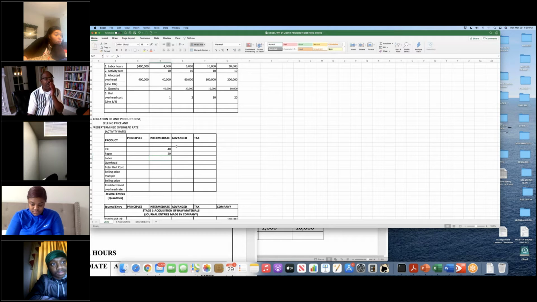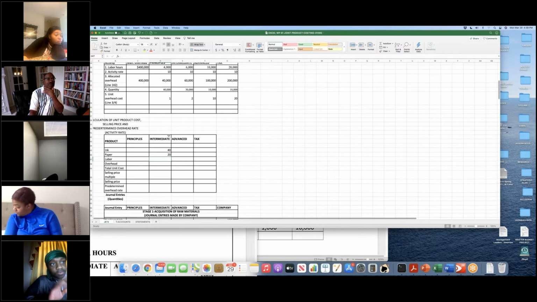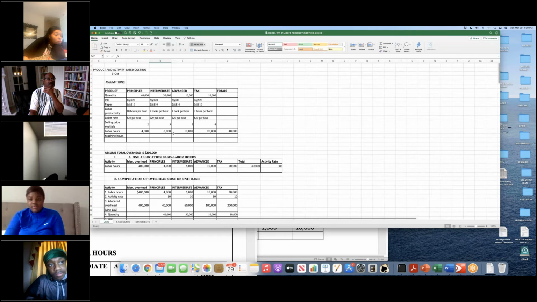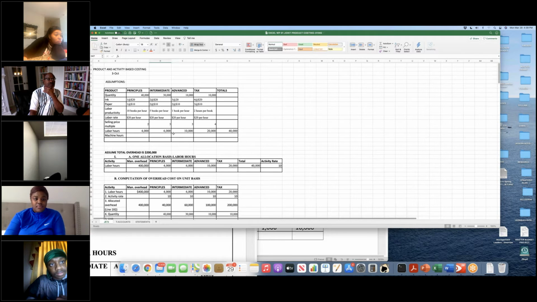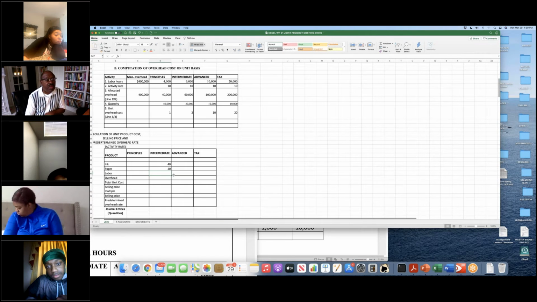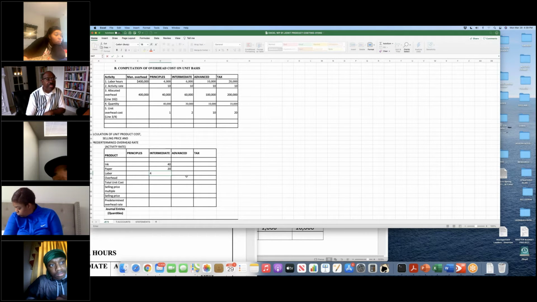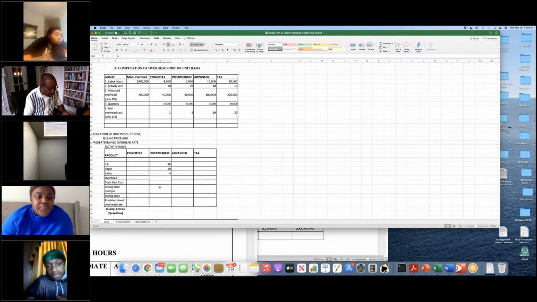How much is the labor? 4. So the labor is 4. And then can we put an equal sign here? And if we click on this, would that do it?